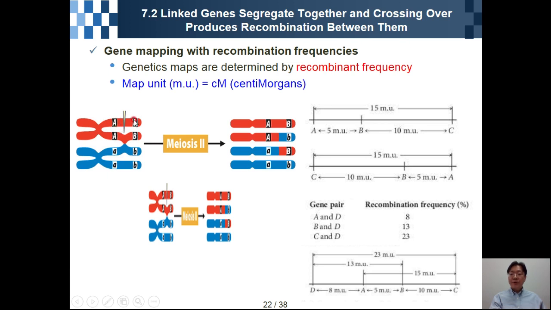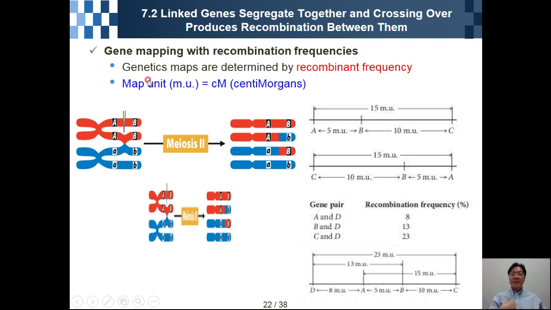So recombination happens here, here, here, here, here, here, here. When the distance between A and B is very close, maybe recombination happens only here, here. So the recombination frequency is higher in this case than in this one.